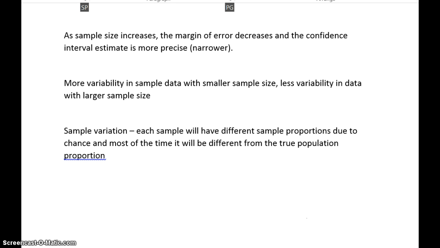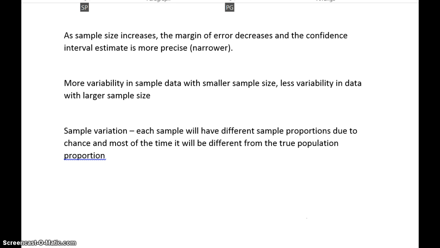Precise means the interval is narrower. That's a good thing. If you have a wider confidence interval, that's bad. You have less precision in your estimate. And again, to re-emphasize, we are trying to estimate the population proportion P using the sample proportion P hat.